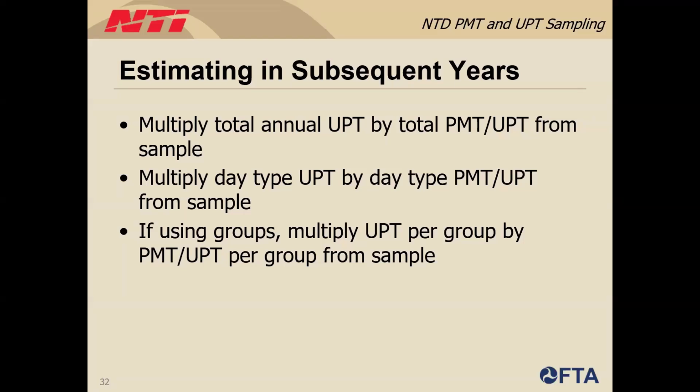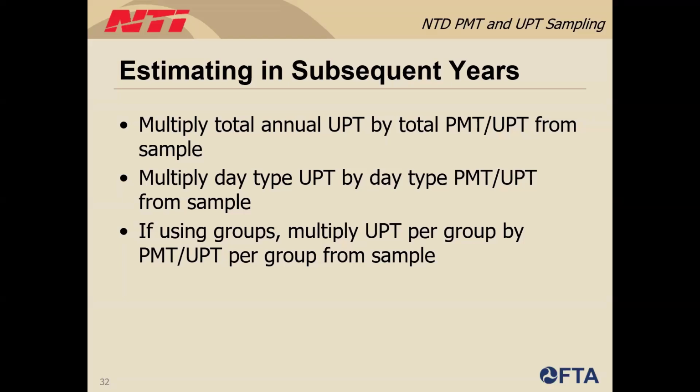If you use route grouping, compile the total annual UPT for each group from the non-sampling year. Multiply each of these by the sample APTL for the corresponding group. Add these PMTs together to get the total annual PMT.